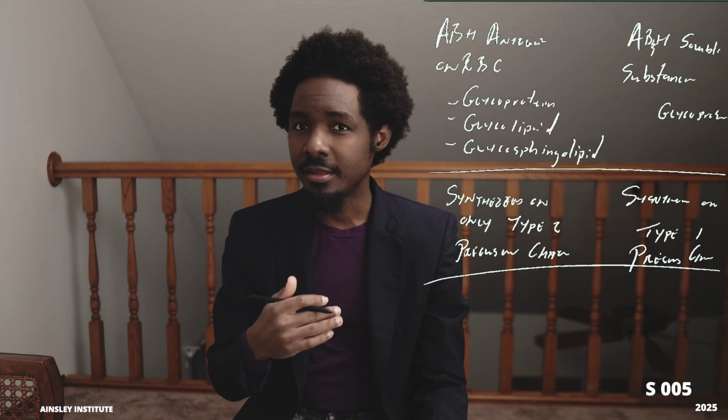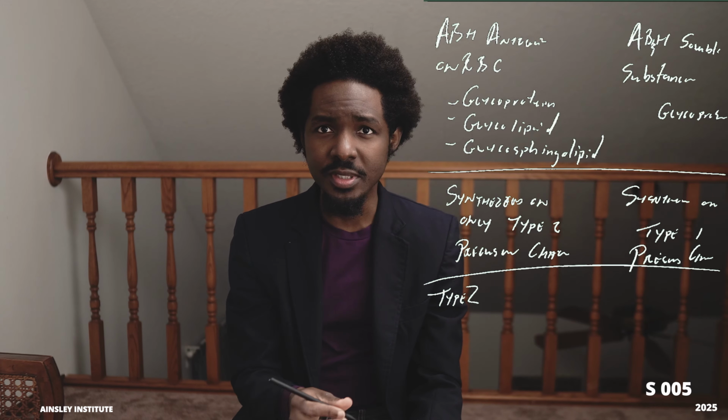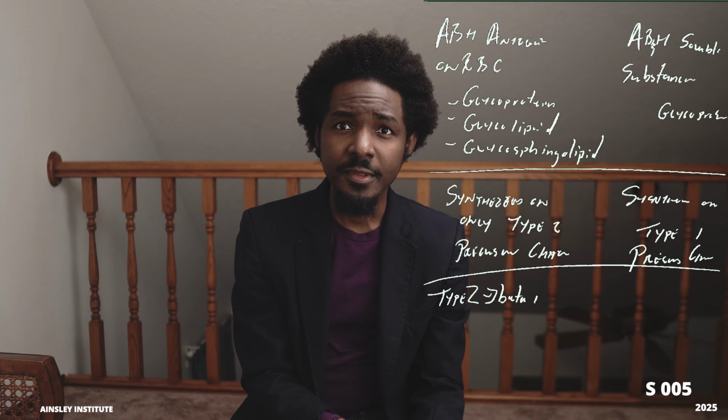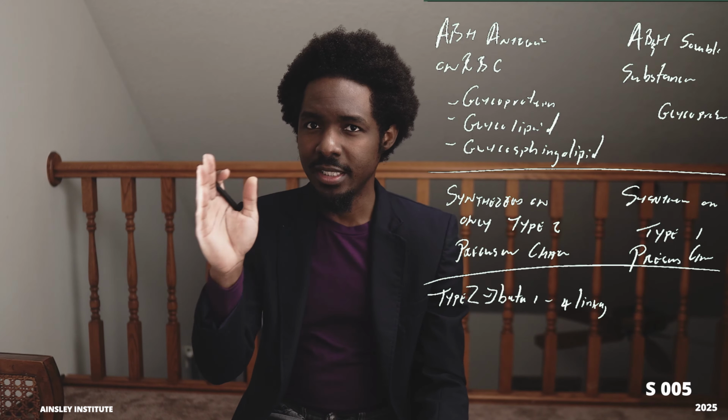So we have type 2, and it's the same thing that we have been discussing before. Type 2 goes to the beta 1, linked to 4. That is what we need to understand.